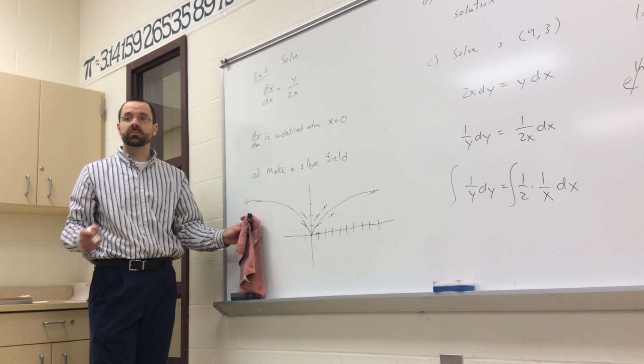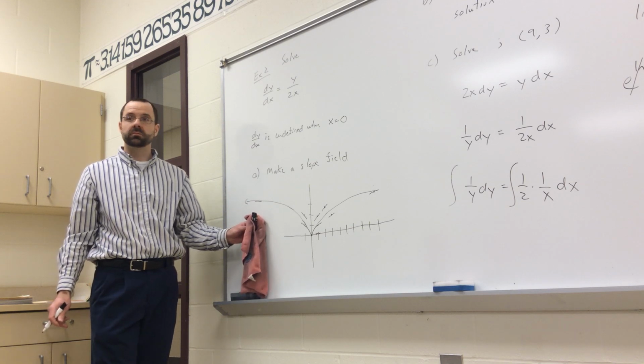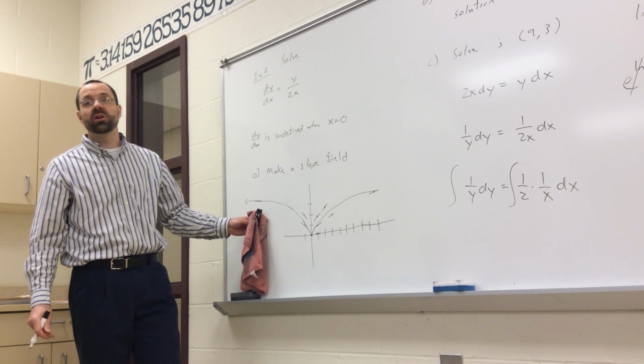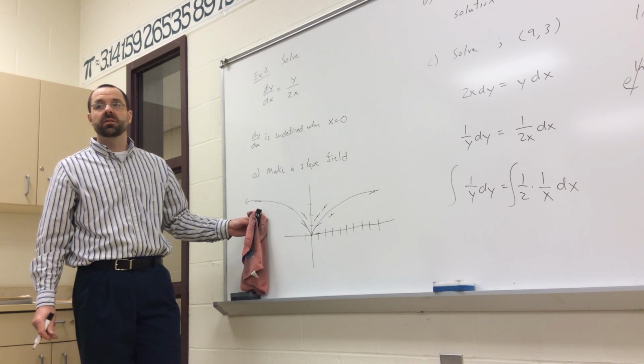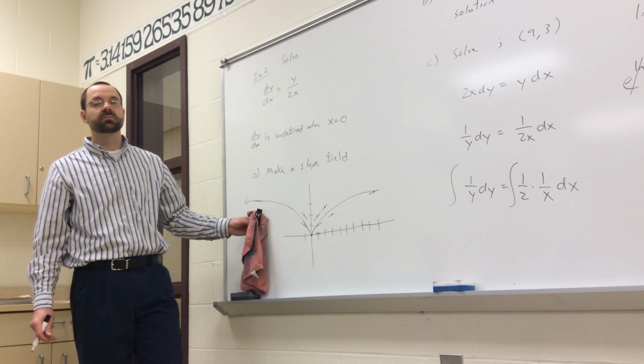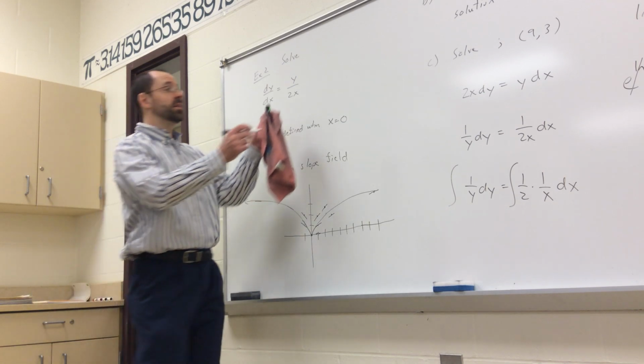Yeah. I'm confused on how it can be in quadrant 2. Because if you plug, let's say you plug -4 in for x. The absolute value of -4 is 4, and the square root of 4 is 2. Okay. So you're right.